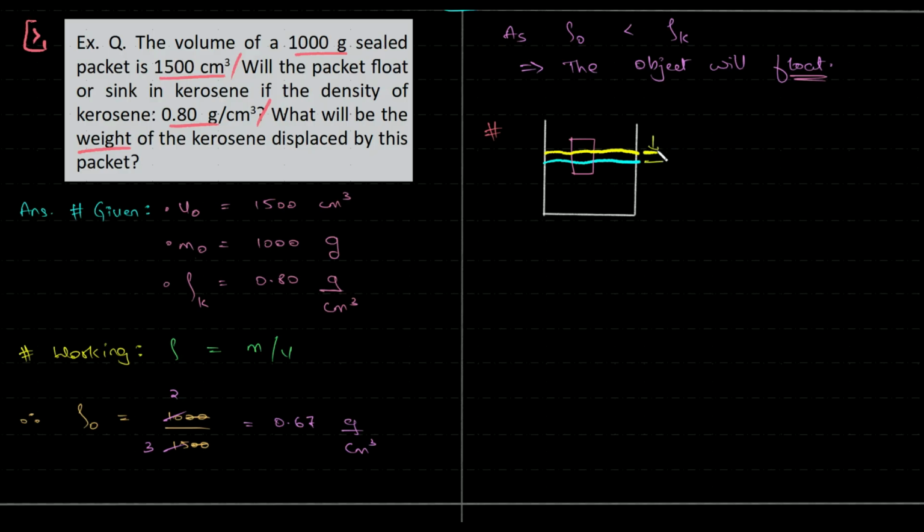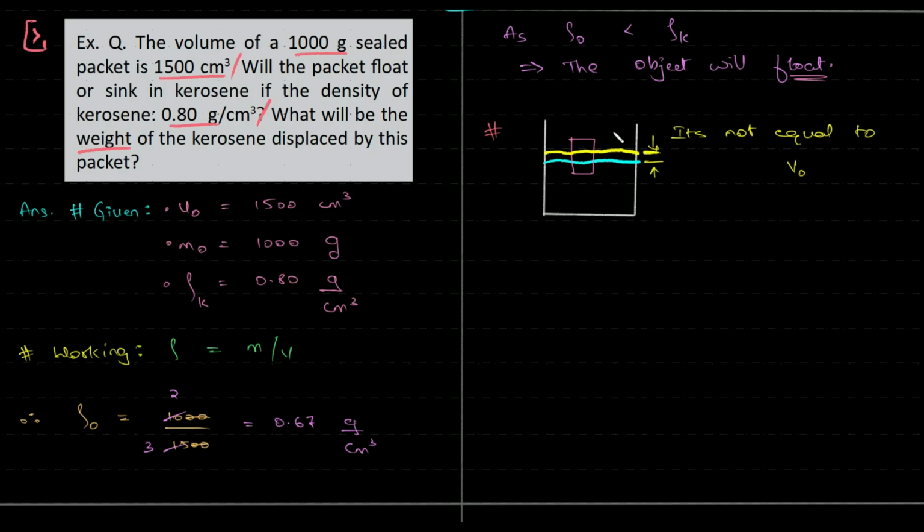This volume is not equal to V naught. You should be very clear with this. If it's not equal to V naught, how will we figure out the mass then, or the weight in this case?